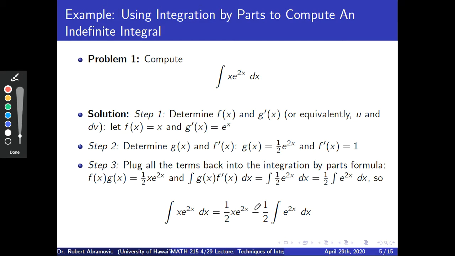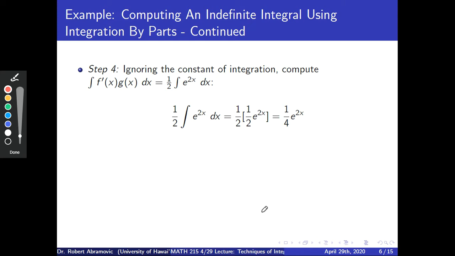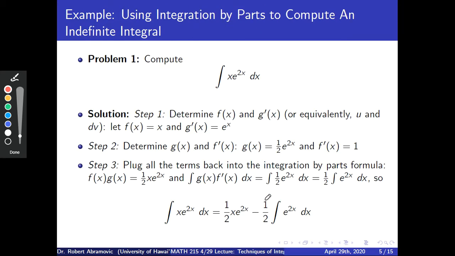When you differentiate x, you get 1, so we're subtracting 1/2 times the antiderivative of e to the 2x dx, or equivalently the indefinite integral of e to the 2x dx.